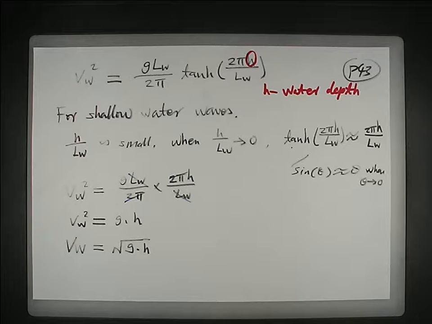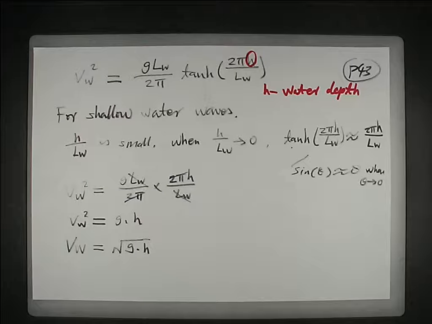For a specific sea area, water depth is fixed, it's constant: 20 meters, 30 meters, 50 meters. g is 9.81, about 9.8, also constant.